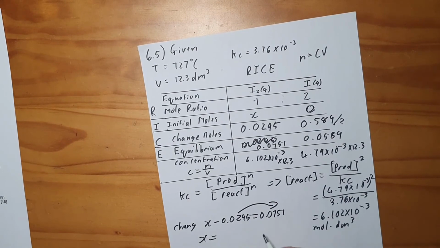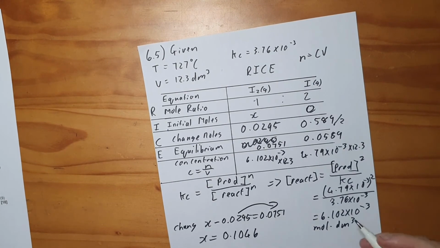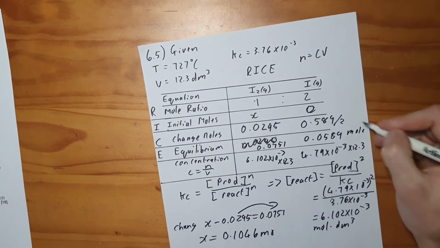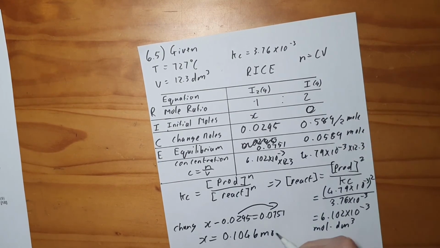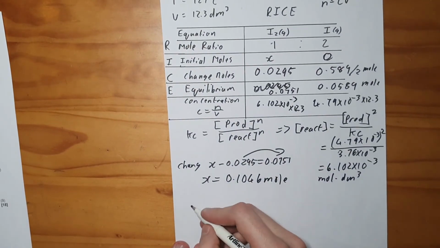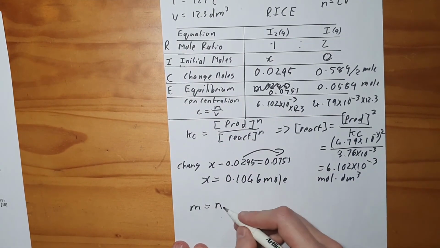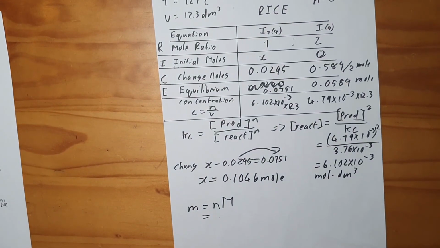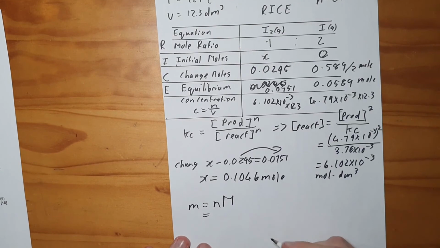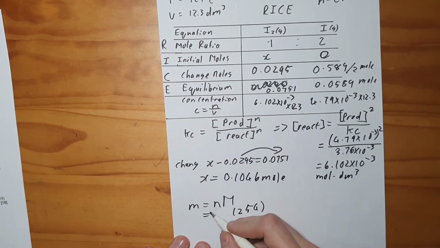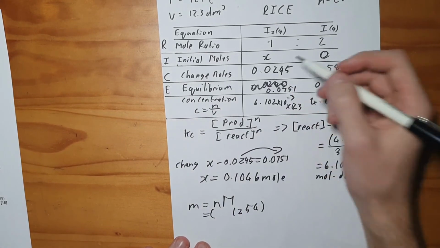Now I need x, so I add these two together by taking this over. So x is then going to equal 0.1046 moles. Remember all of this here is in moles. Now that I have that, I can work out the mass. How do I do that? Mass equals n moles times molar mass. And what is my molar mass? If you check the periodic table, you should get 254, and this is what we had over here.